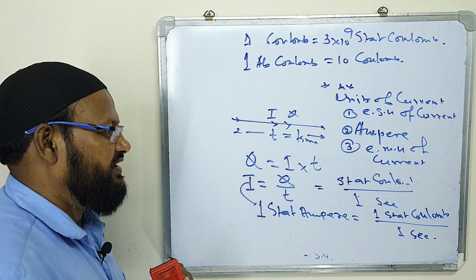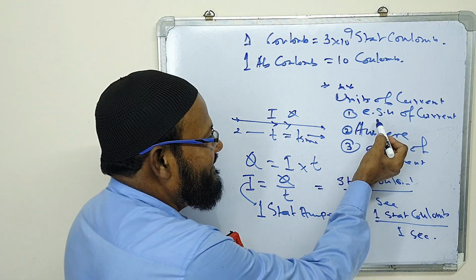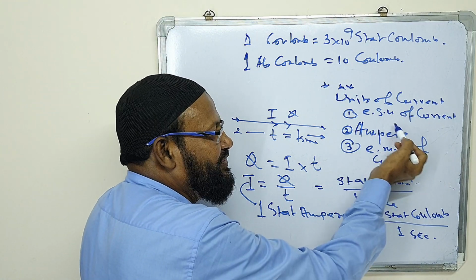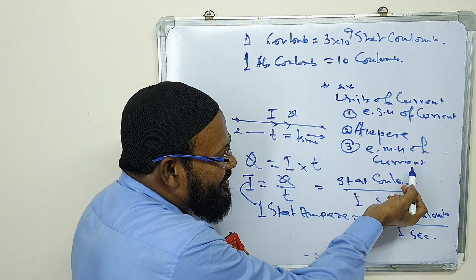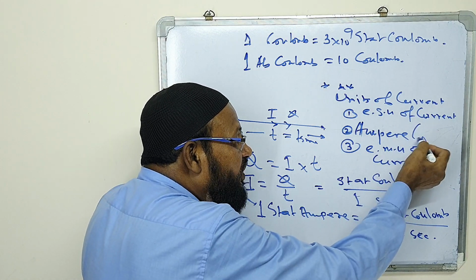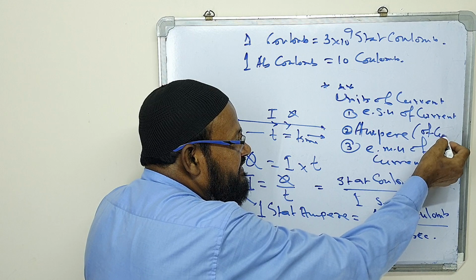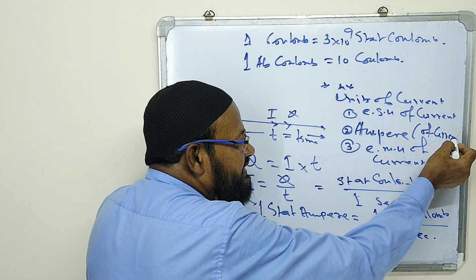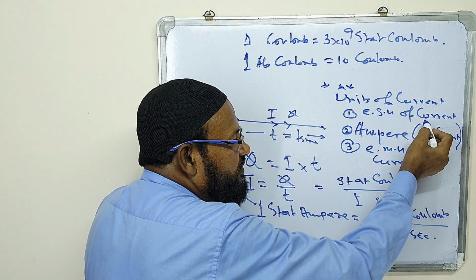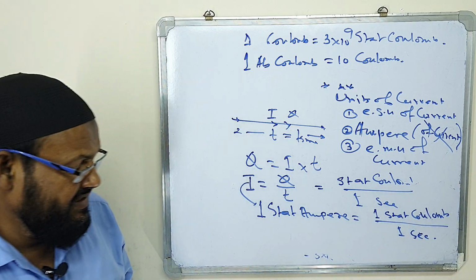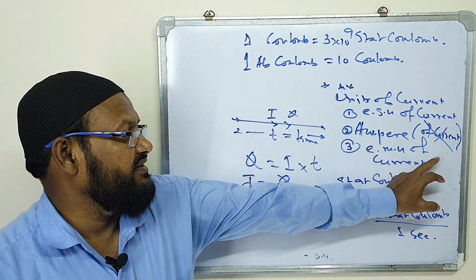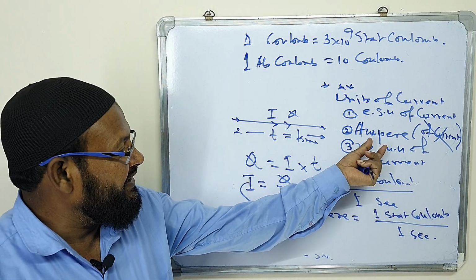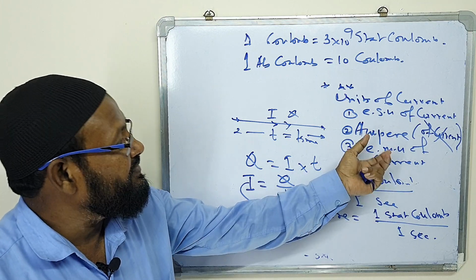Now one thing is important. Ampere, this is ESU of current, electrostatic unit of current. This is EMU of current. Ampere of current. This is wrong. Of current is not used here, because ampere is the only unit of current.